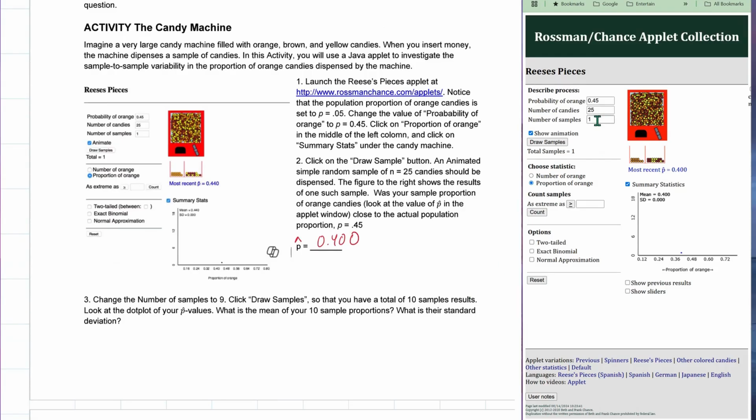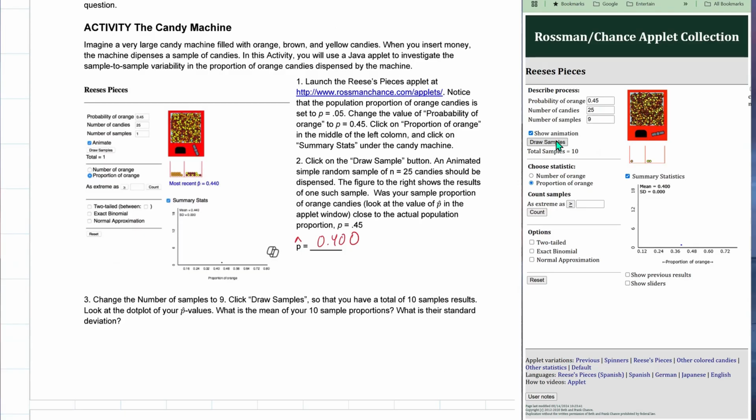So I'm going to change the number of samples to 9. When I hit draw samples now, I'm going to get 9 more samples, a total of 10 samples.